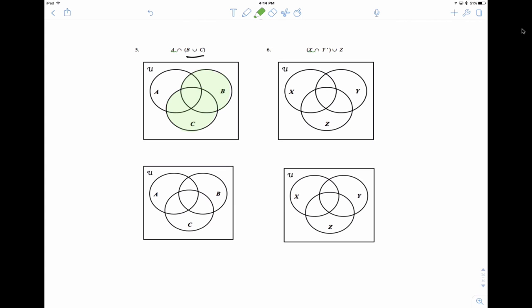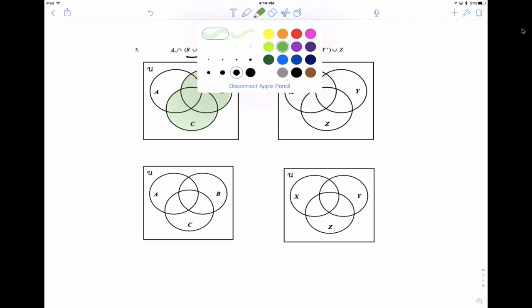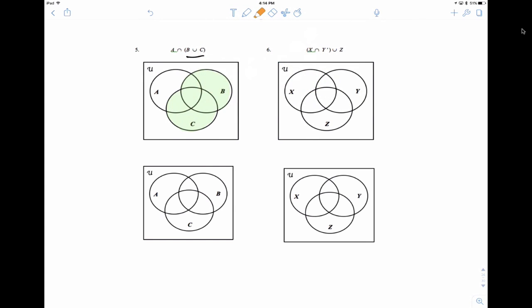So all that is A. Let me do A. Here's A. A is all of this. Now, because of the way I figured out my iPad, you just get a nice solid color in A and the overlap, you can see it. There it is, the intersect is that color.